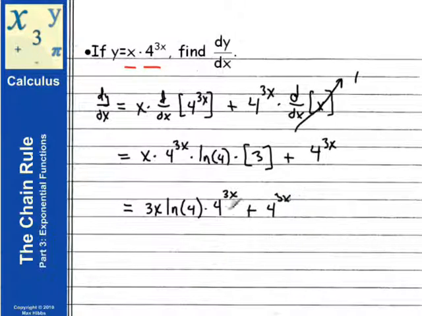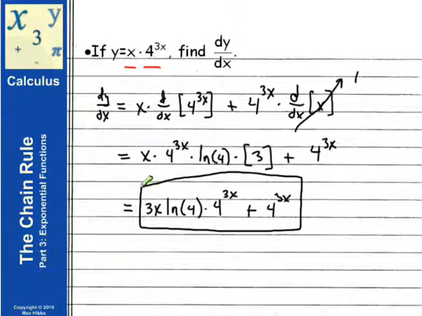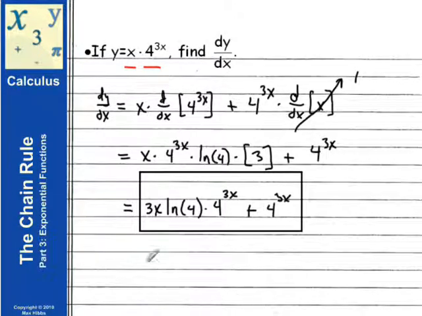Now, as we've discussed previously, there's no reason we can't leave this answer. It's a perfectly acceptable answer. But sometimes we're asked, or sometimes it's necessary, to do some factoring. So let's recognize that 4 to the 3x appears twice here. So we could factor it out of both terms, that is.